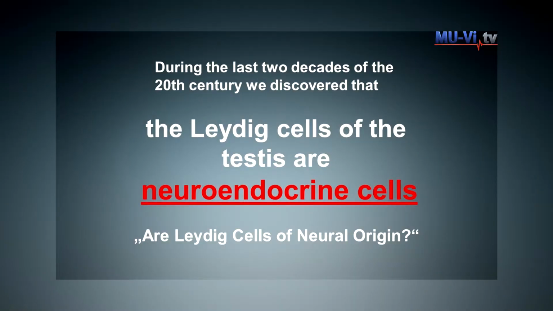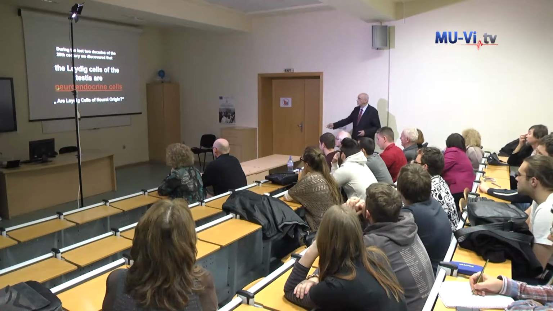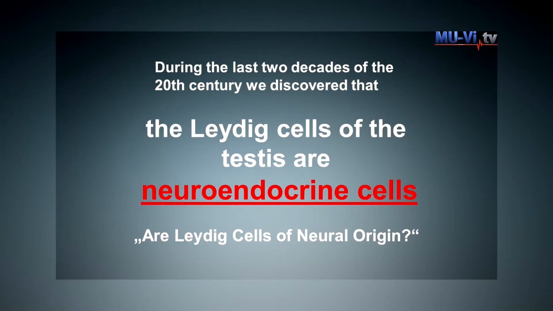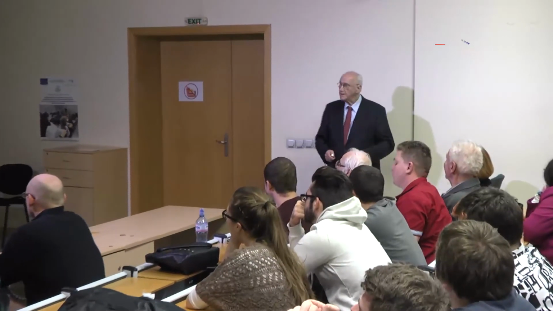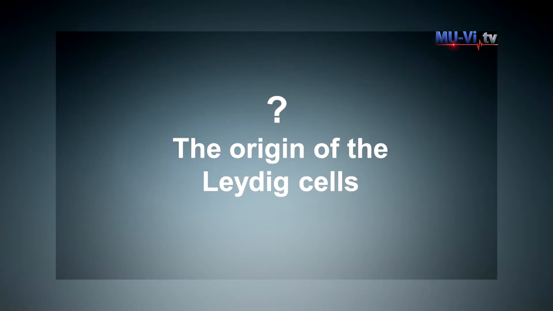During the last 2 decades of the 20th century, we were able to establish that the Leydig cells possess also neural characteristics. And we defined these cells as neuroendocrine cells. And this was also the reason why we put the question: are the Leydig cells of neuron origin? And this put us to search for the origin of the Leydig cells.